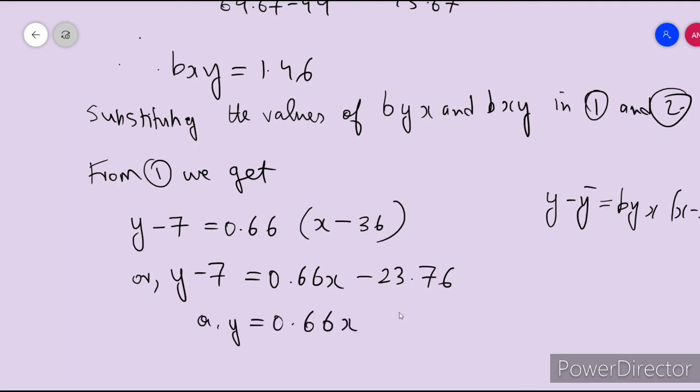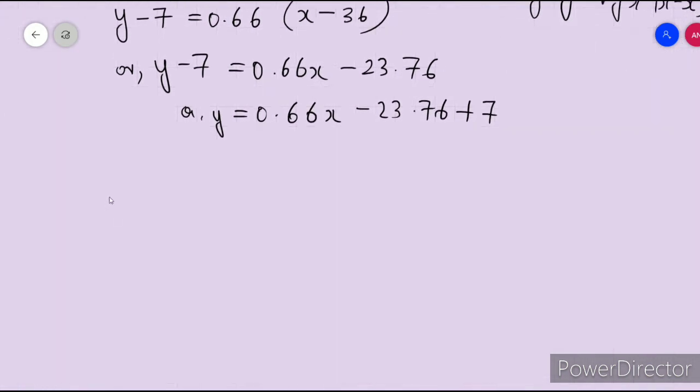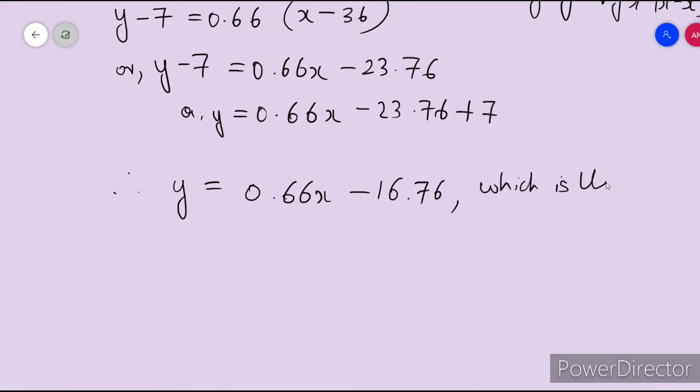If you bring 7 to the other side, it becomes positive, and therefore y is equal to 0.66x minus 16.76, and this is nothing but the regression equation, or the regression line, of y on x.